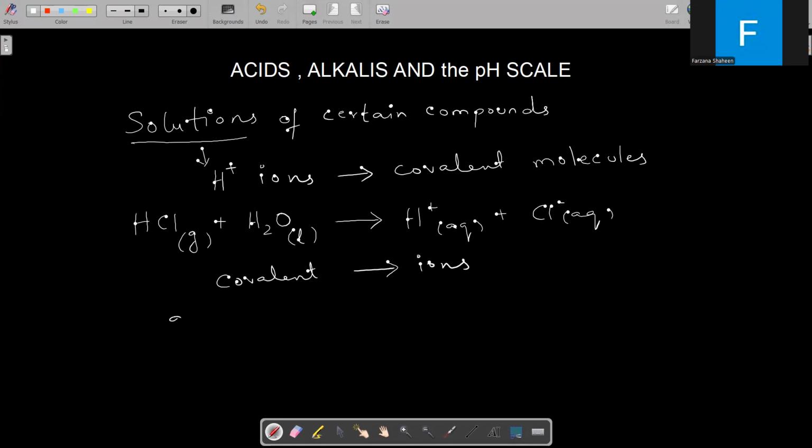So aqueous hydrogen ions. And remember, this is the key. Like, for example, when hydrogen and group 7 elements are dissolved, so what are group 7 elements? Group 7 elements are your halogens, right?